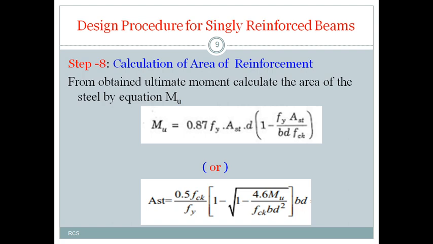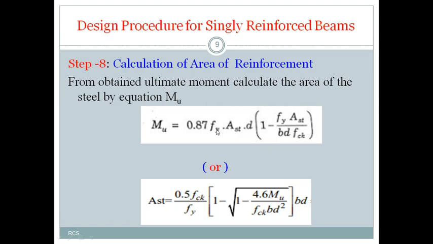Up to step number 7, we have calculated B and D: the width of the beam and the effective depth of the beam. One more parameter we need to calculate is the area of tension reinforcement in the beam. That can be calculated using this formula provided in IS 456-2000: Mu equals 0.87 Fy AST into D into 1 minus Fy AST by BD into FCK.